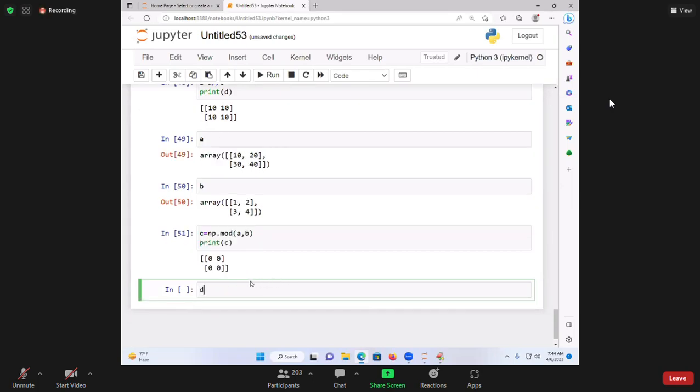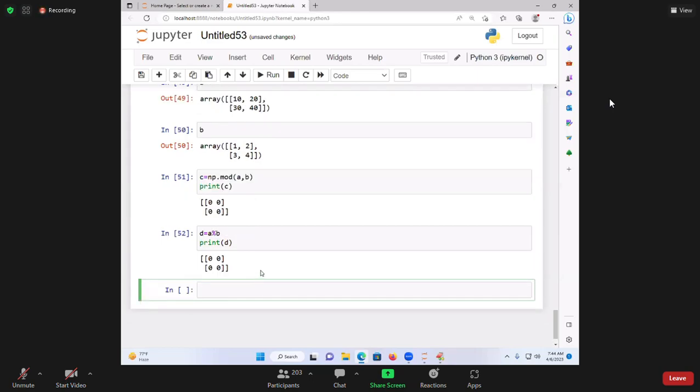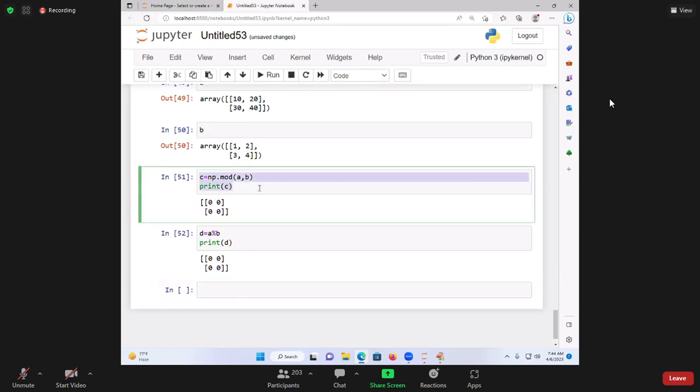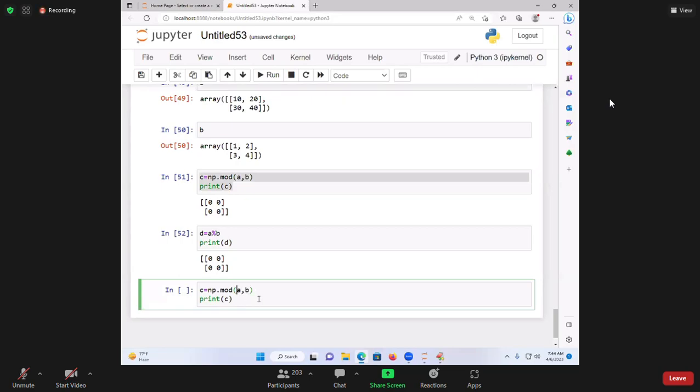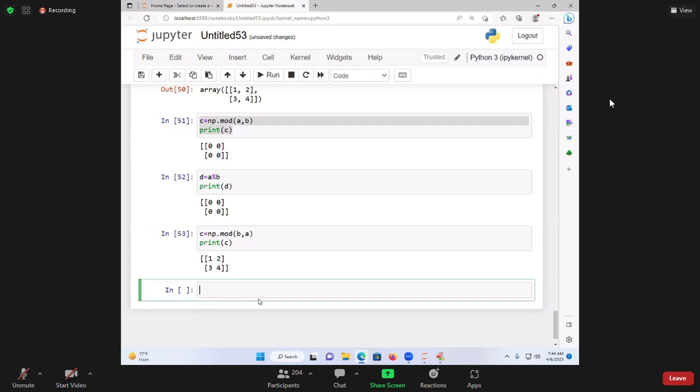You can apply the same thing with A percentage B. Vector-based operation also you can print, D. So you'll get the same answer like this. You can change this mechanism also, student. B comma A you can say, and a matrix only will come. Are you following me? So B comma A means what?